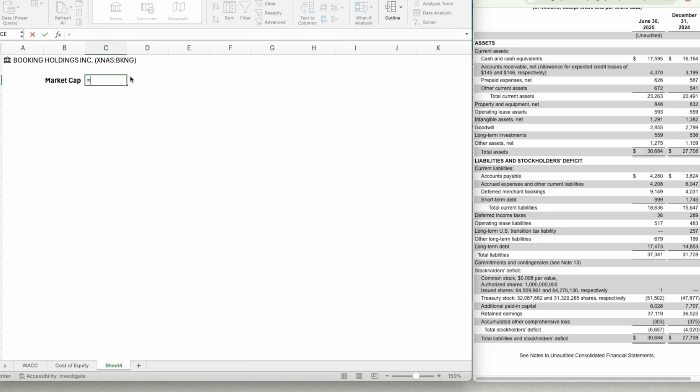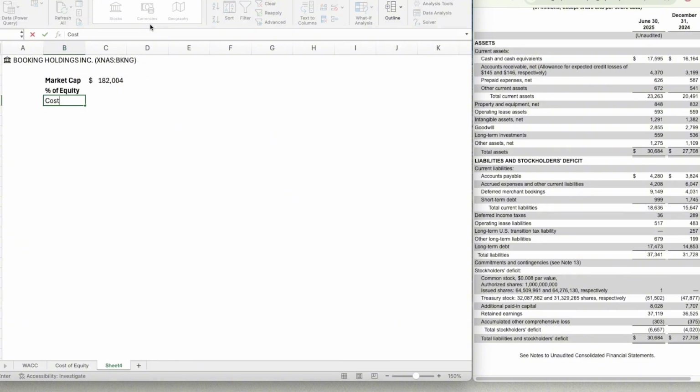It is going to equal this, and because the financial statements report their figures in millions, we need to divide this by a million so that it is standardized. Then below market cap, we have the percentage of equity, which we can't calculate yet because we need the debt figure for that.